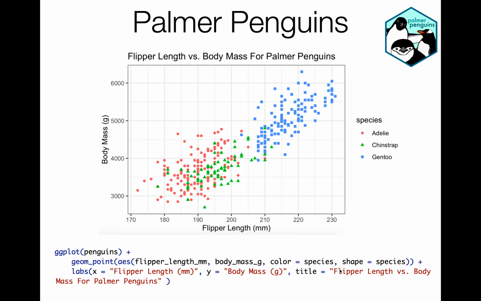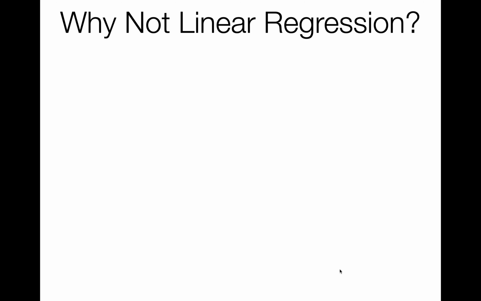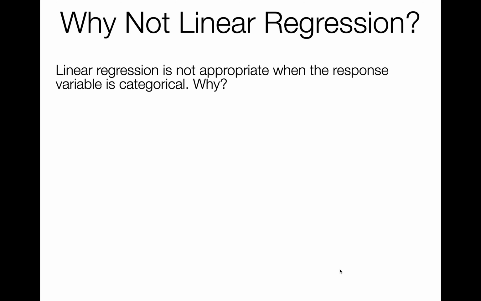Okay, so the question that most people ask when you have this kind of data is, why not use linear regression? So we know linear regression, it works well for a lot of things, it's really simple, and so it's natural for us to think, why not linear regression?